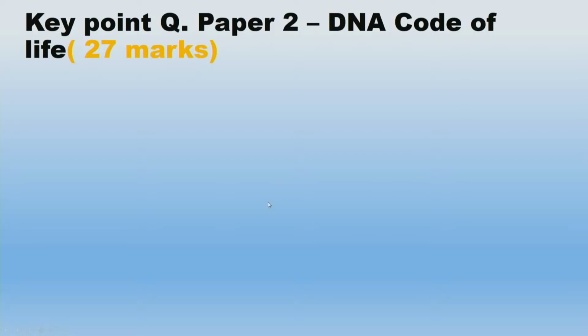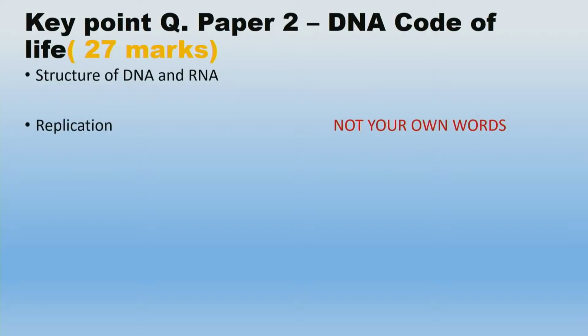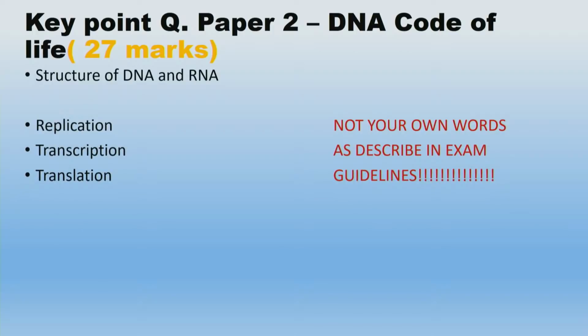I hope you can see my PowerPoint. And DNA Code of Life is 27 marks of paper 1. So we are going to look in this question paper 2 on the structure of DNA and RNA. Replication, transcription and translation, always very, very important in question paper 2.